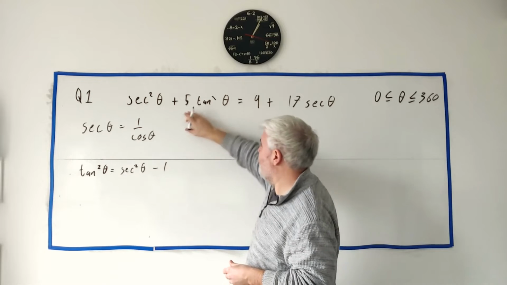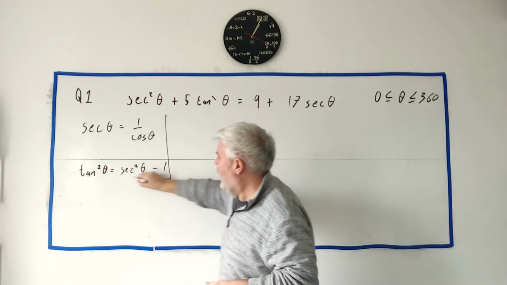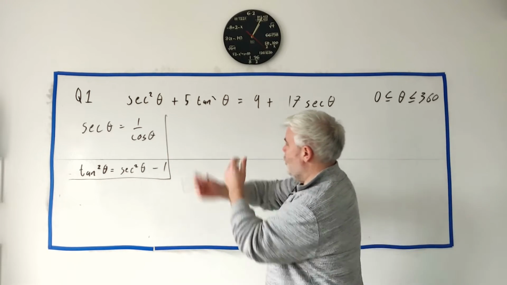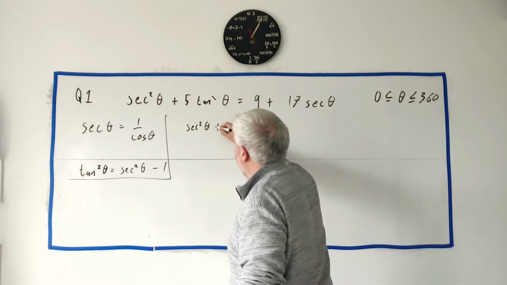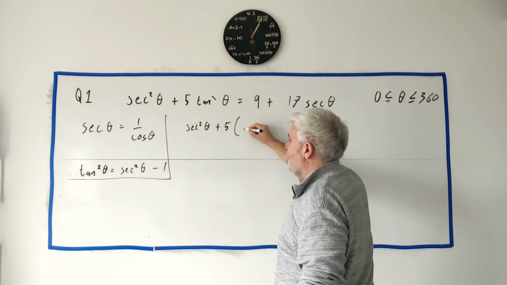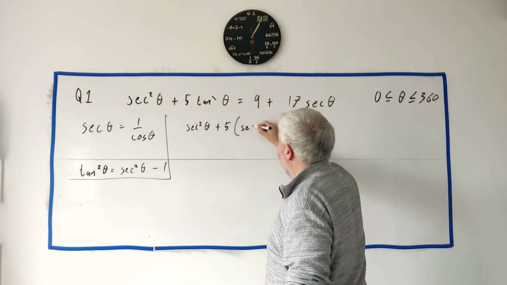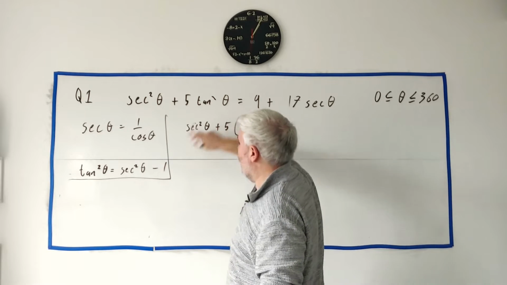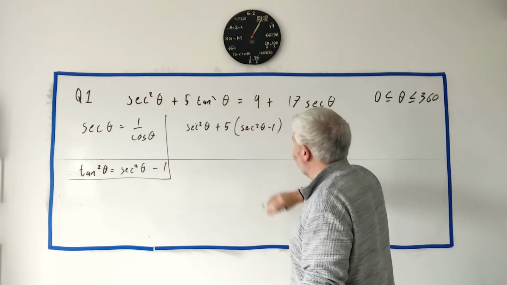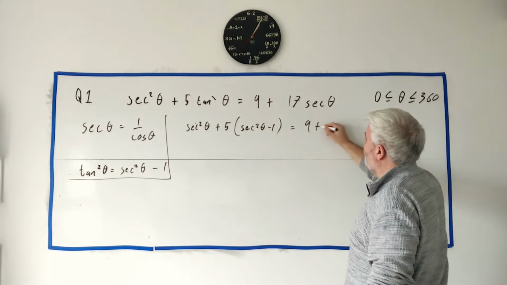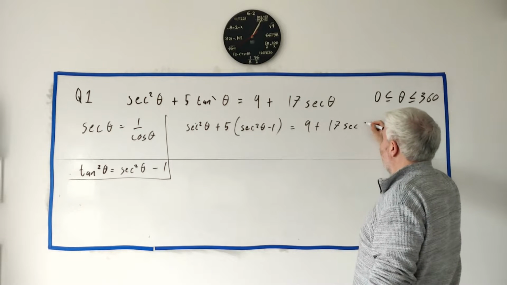So I'm going to use this information to rewrite this question up here. Let me just jump right in. Secant squared theta plus 5 times, so I'm changing tan squared theta for secant squared theta minus 1, and that's equal to 9 plus 17 secant theta.